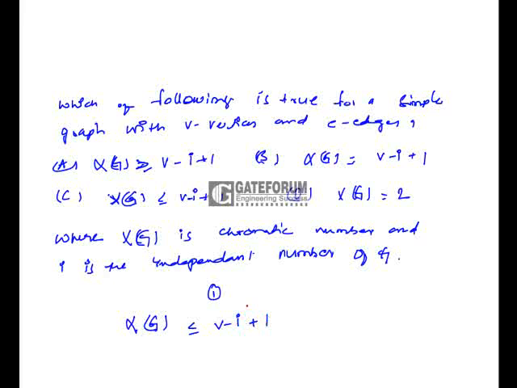This 1 is added. Why? Because we need one color for all the I vertices which are independent. So this is the relationship between chromatic number, vertices and independent set. So here the correct option is option C.